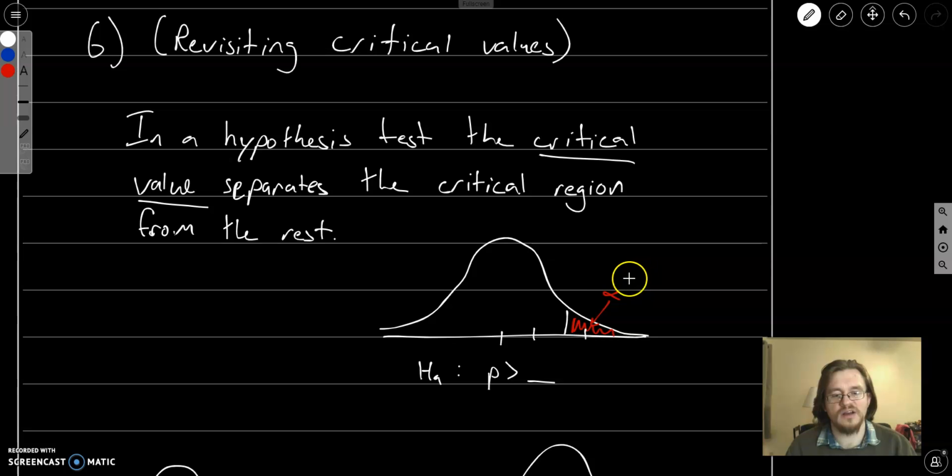So this is the critical region. And the critical value is just this value that separates the non-rejection region, the non-critical region, from the critical region. So this is the critical value.